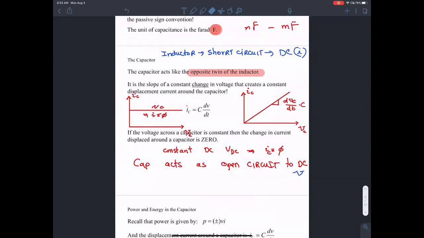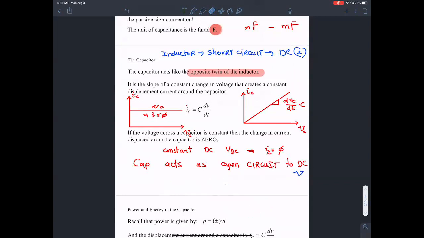The bottom line that you want to remember is capacitance acts as an open circuit to DC, and IC is C dV by dt. VL is L di by dt. These two equations are similar to the V equals IR equation.